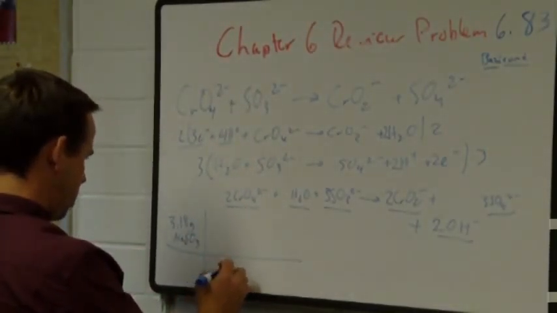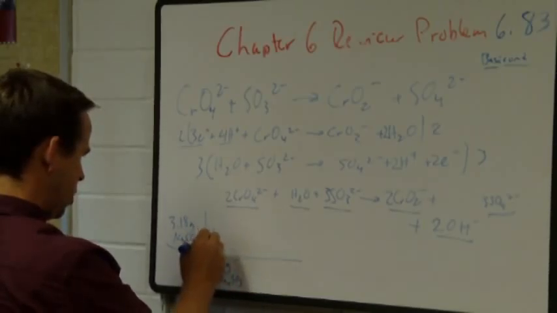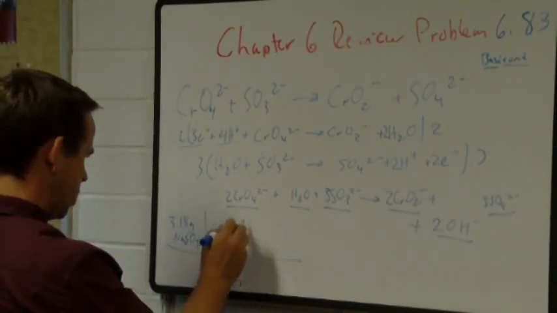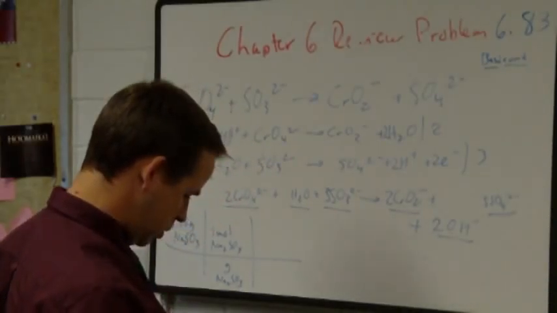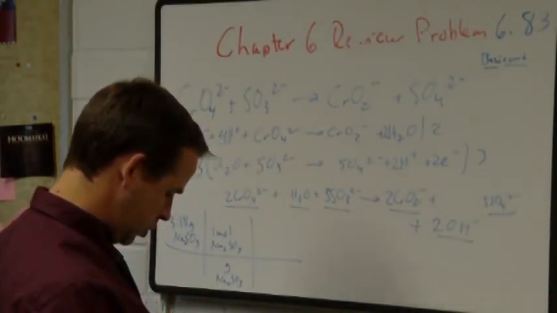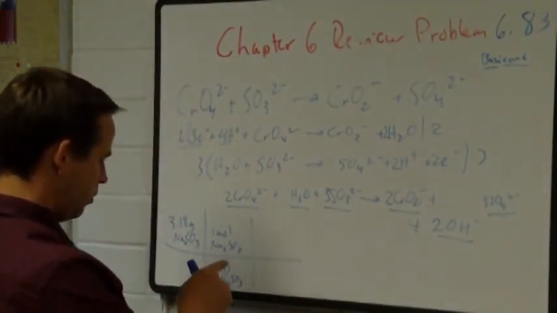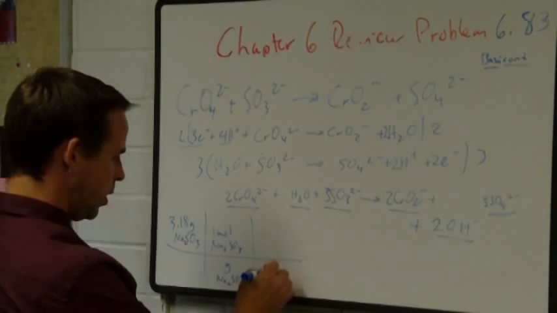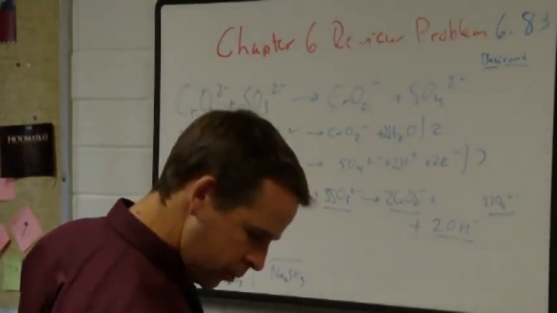So we need to know how many grams of Na2SO3 there are in 1 mole of Na2SO3. And then for every mole of Na2SO3, that's 1 mole of sulphite.